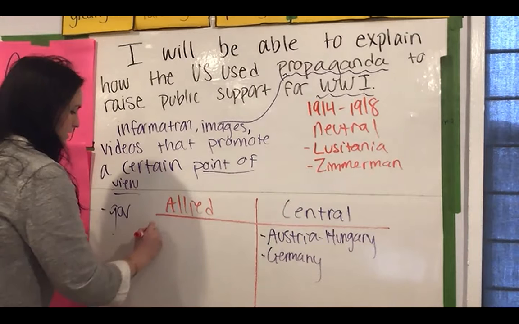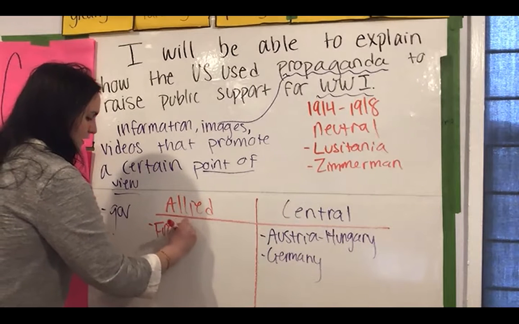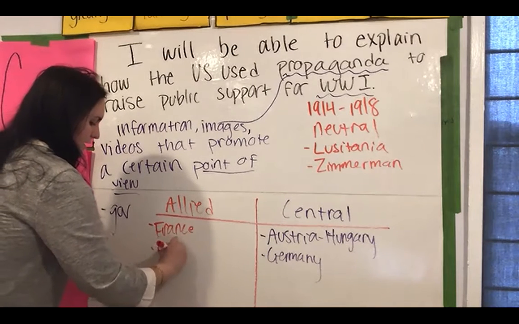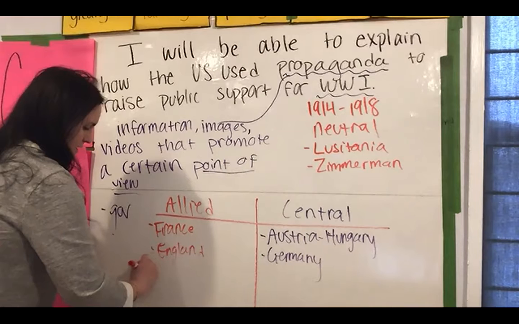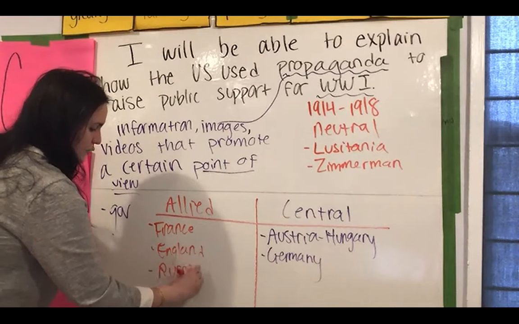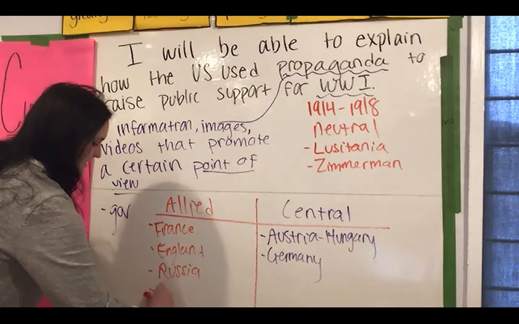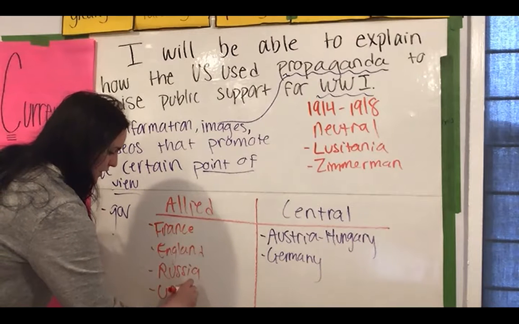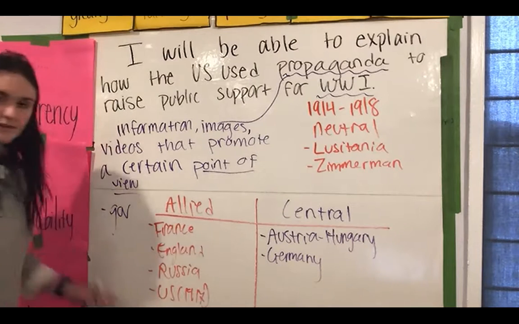On the Allied power side, you have France, England, Russia, and eventually, in 1917, towards the end of the war, the US gets into this conflict.